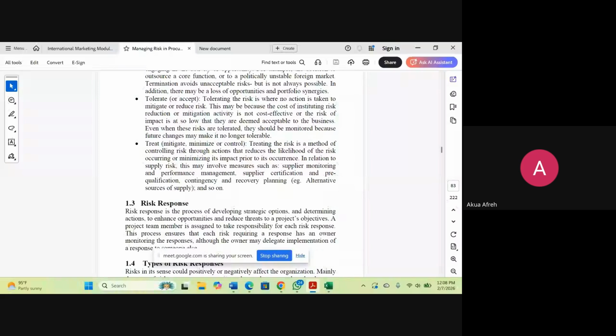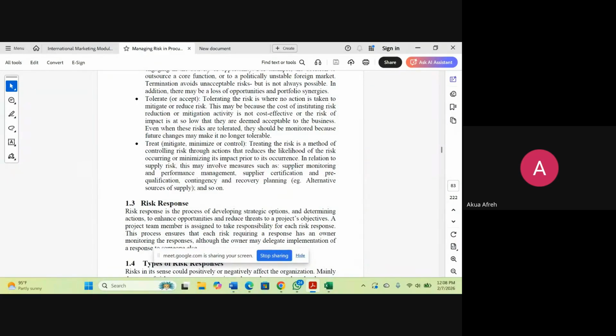Because future changes may make them no longer tolerable, you may not be able to tolerate them again in the future. And when you are taking this approach to treat, it does not mean that you are careless.